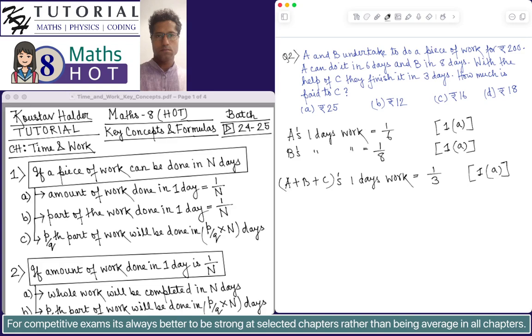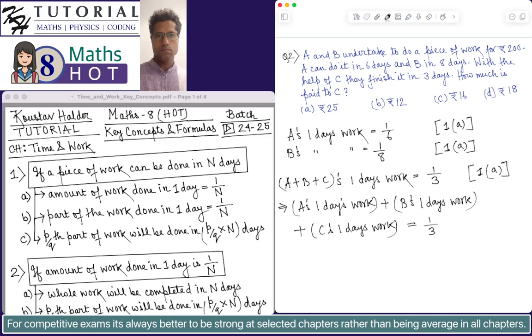Now from the fact that A plus B plus C's 1 day's work means A's 1 day's work plus B's 1 day's work plus C's 1 day's work, this we have is equal to 1 by 3.